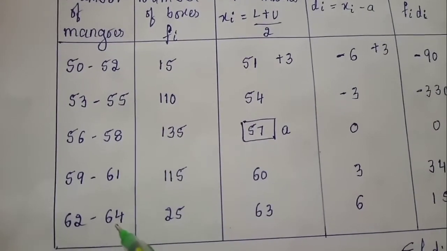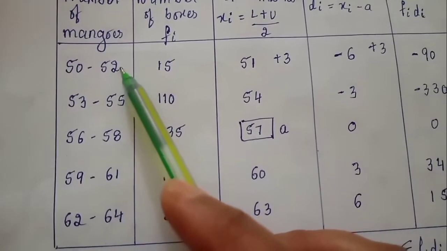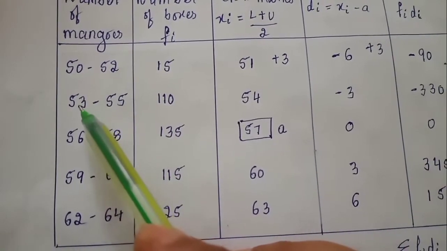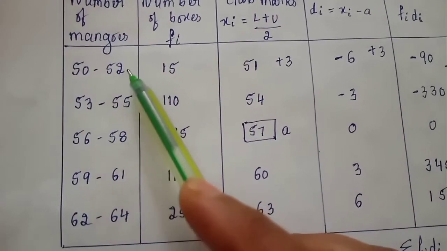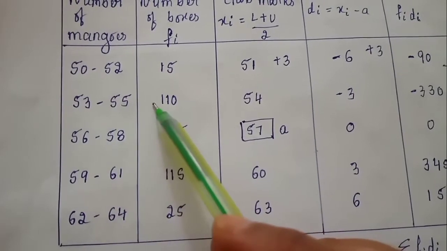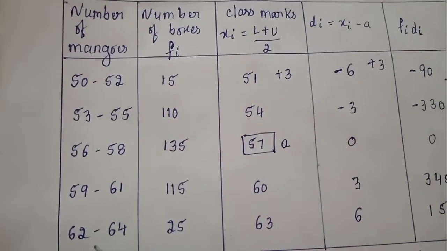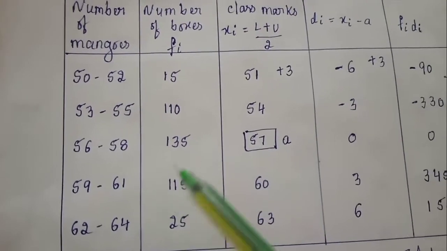This type of class interval is inclusive because the upper limit of the first interval and the lower limit of the second interval are not repeated. So 52 is included in the first class interval, 55 is included in the second, and so on. So this type of class interval is called inclusive.